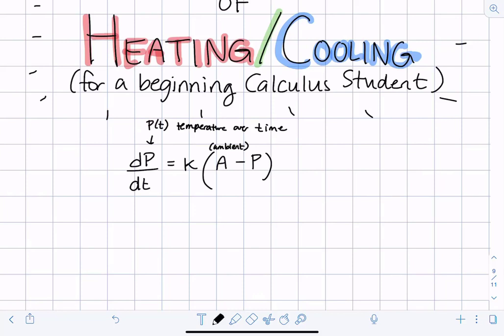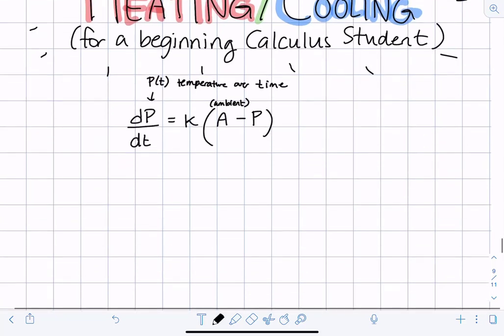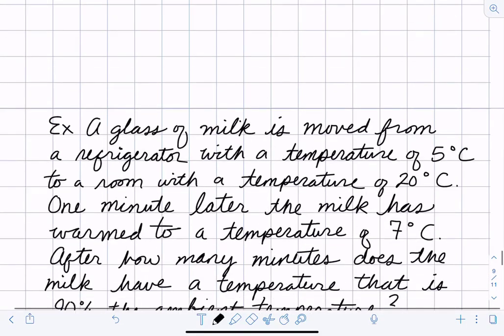Okay, so there's our Newton's law of heating and cooling that we're going to be using today. Let's take a look at our example.